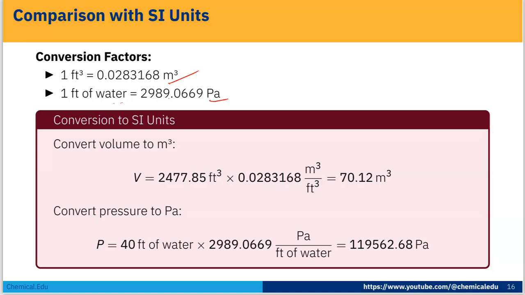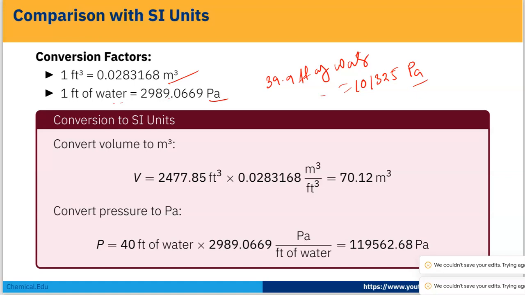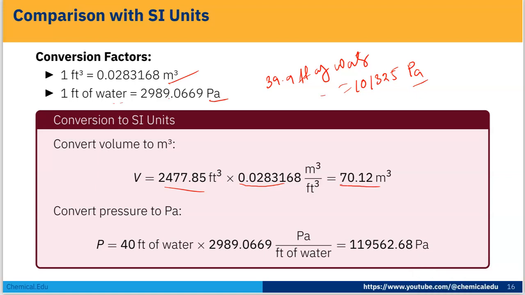We know that 33.9 feet of water is nothing but 101325 Pascal, so from here we can also calculate 1 feet of water. Now convert the volume into meter cube. The volume we got in the earlier calculation is 2477.85 feet cube. If we convert to meter cube, the conversion factor is 0.0283168. After doing the calculation we get 70.12 meter cube.